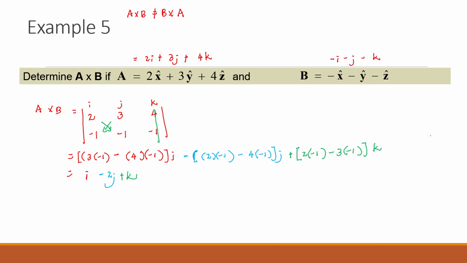You can check A dot B: component I with I, so 2 times -1; J with J, 3 times -1; K with K, so 4 times -1. -2, -3, -4, gives -9.